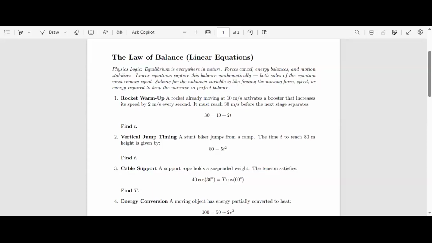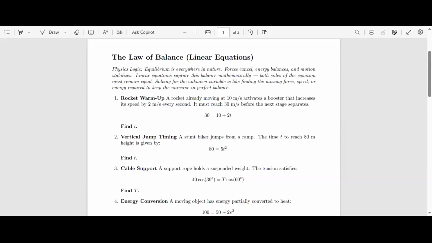The equation says 30 equals 10 plus 2t. So you can take the 10 to the left hand side. The 10 is just added with 2t, so when you take it to the opposite side, the 10 actually gets subtracted.